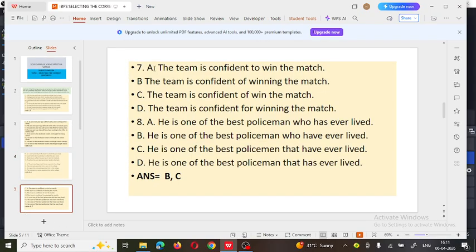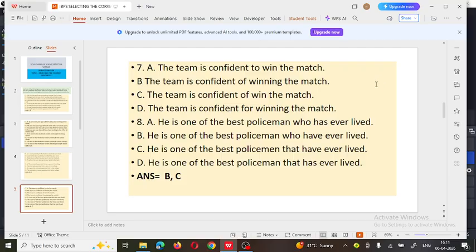Next, seventh question. A team is confident to win the match. The team is confident of winning the match. The team is confident of win the match. The team is confident for winning the match. So when we have confident of something, of winning the match is correct here.